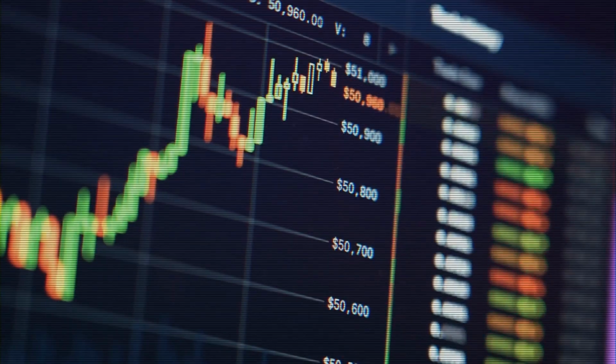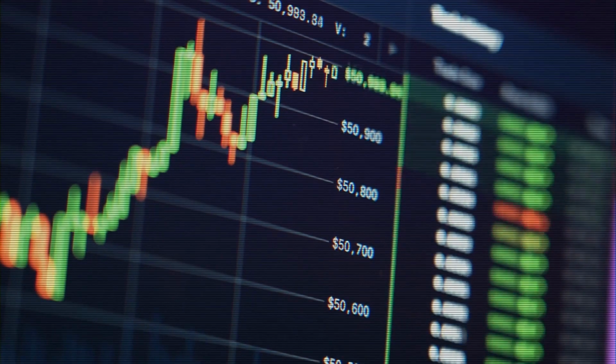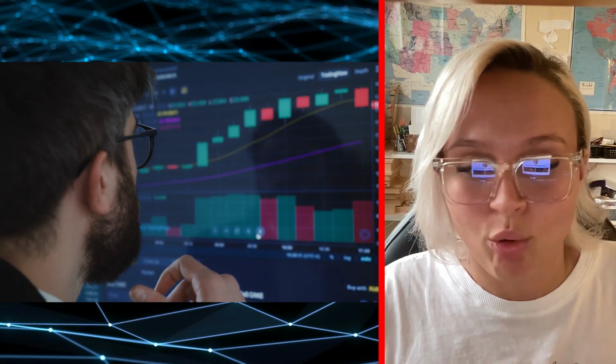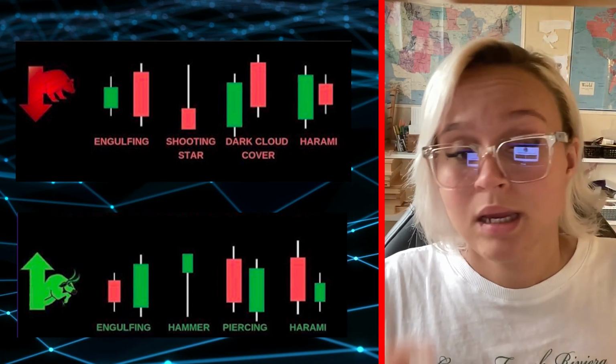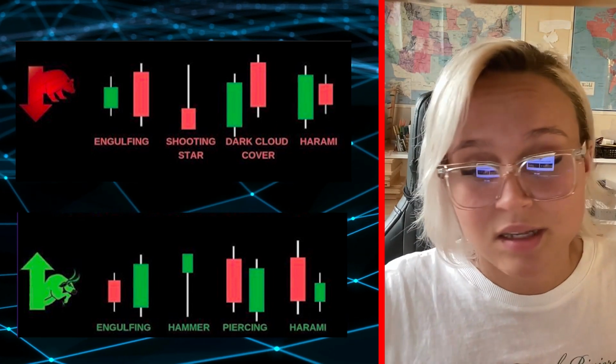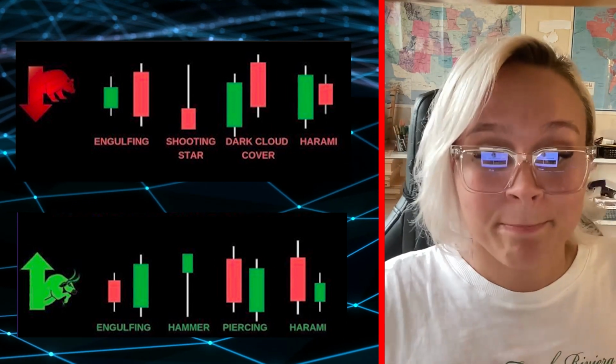They play out a lot in the market. If you really look into them, they look very similar, but in the opposite color, they change the direction of the market. So if you need, pause the video and have a deep look. You do want to memorize the candlestick patterns.